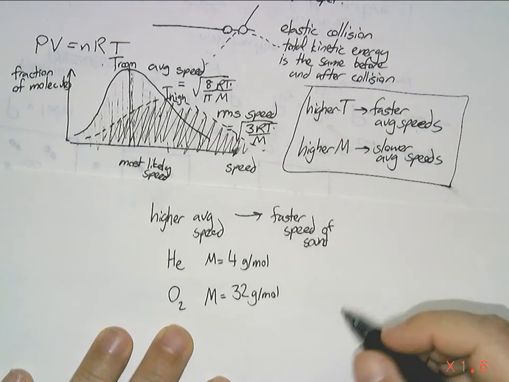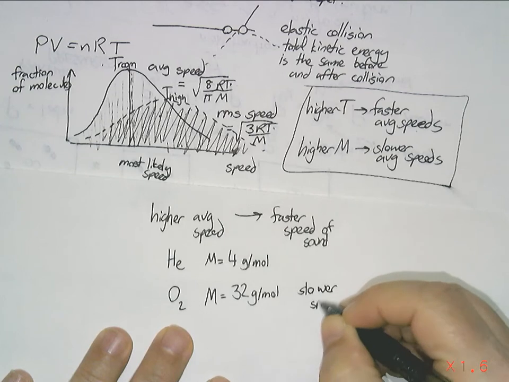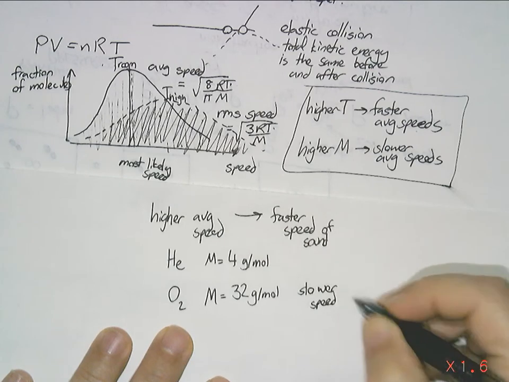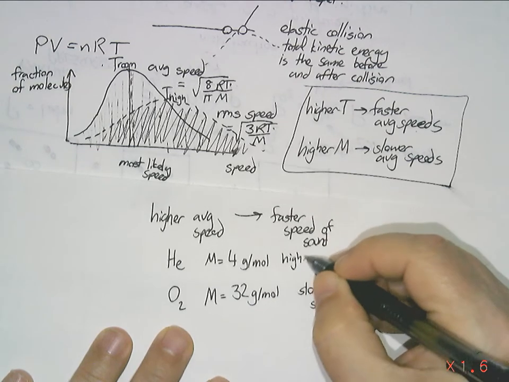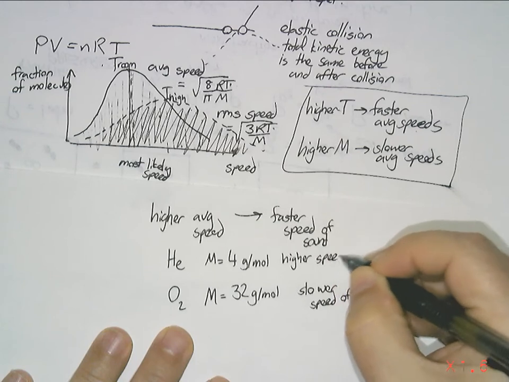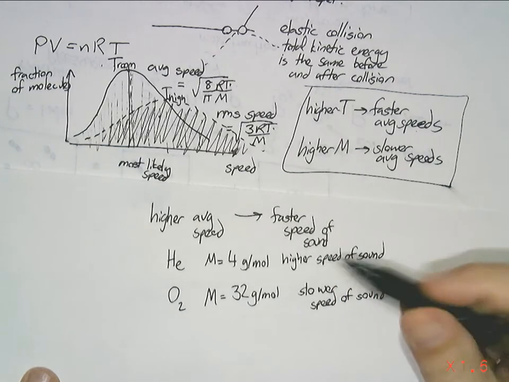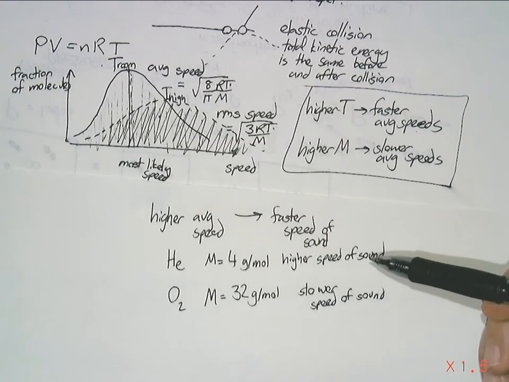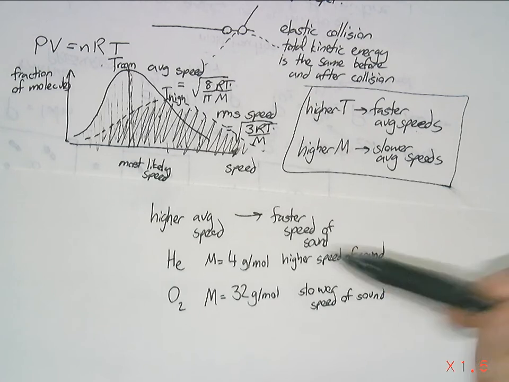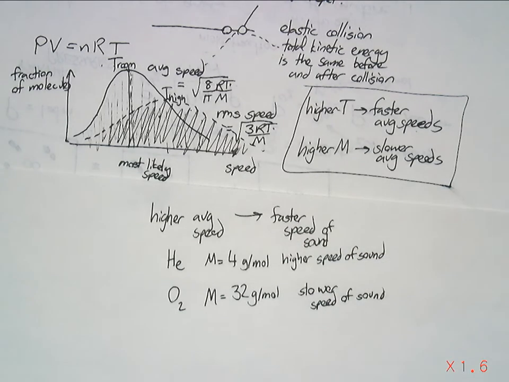Higher M, slower speeds. So this will have a slower speed of sound. Sound will move more slowly through O2. And this will have a higher speed of sound. So, you know, when you breathe in helium, you get that high-pitched, squeaky kind of sound. The pitch of your voice changes. This is why. It changes because of this effect that we're talking about here.